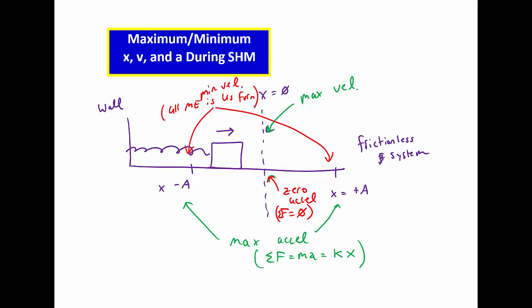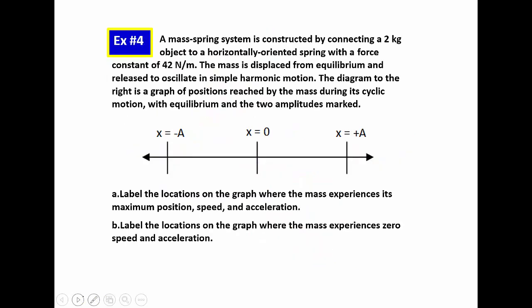Okay, so these are some important places on a mass spring oscillator where you need to be familiar with where it has the maximum and minimum values. To test your understanding, we're going to do example number 4.